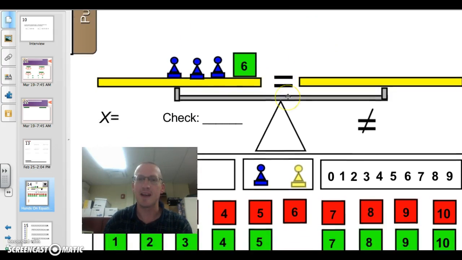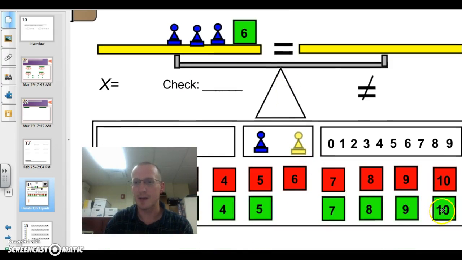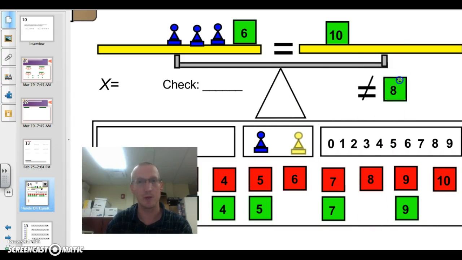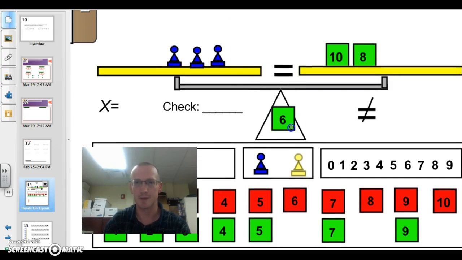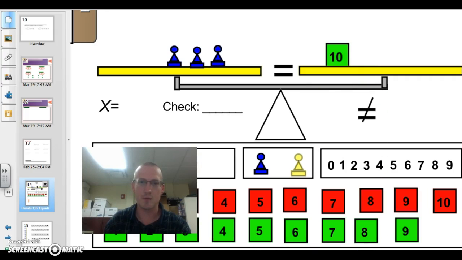And over here, I'm going to put a 10 and an 8 for 18, which is kind of confusing for some kids. Some special ed kids really like it, some don't. So that's 18. You're going to subtract 6 from both sides, typically is what we would tell kids. So we're going to subtract 6, and I'm going to subtract 6 from this 8, which makes it a 2.